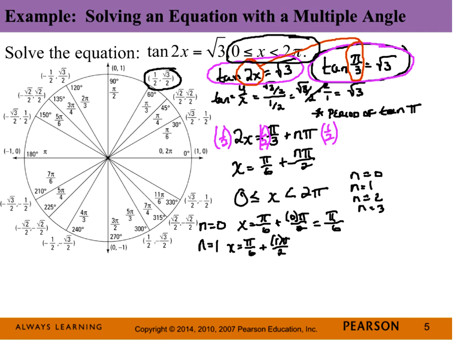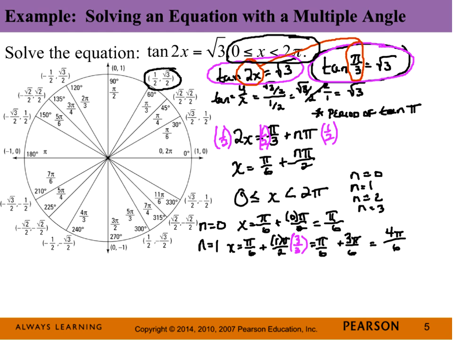I'm going to need to get a common denominator there, so I'm going to go ahead and multiply this by 3 over 3 to get 6 in the denominator. So that's pi over 6 plus 3 pi over 6, which is 4 pi over 6.